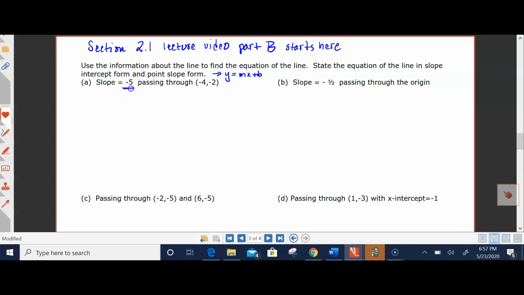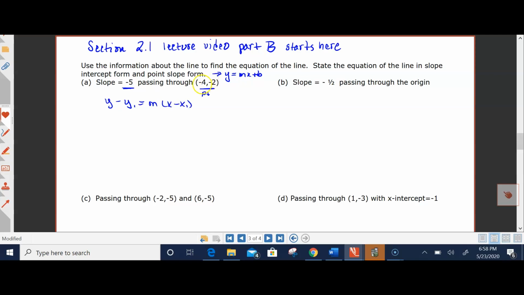We've got a slope, -5, and we have a point, (-4, -2). If I'm given a point and the slope, I will go back to my formulas. We're going to use the point-slope form, which is y minus y1 equal m times x minus x1.